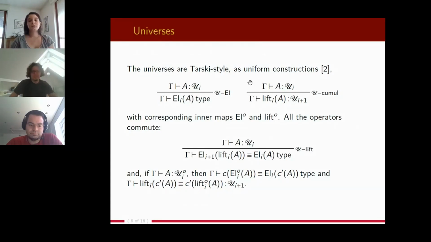What we have is that all those operators commute. So we have that if A is a term of type UI, then EL I plus 1 applied to lift I of A will be equal to EL I of A. And we have also that if A is a term of an inner universe, then it will be the same applying to A C of ELIO and ELI of C prime.